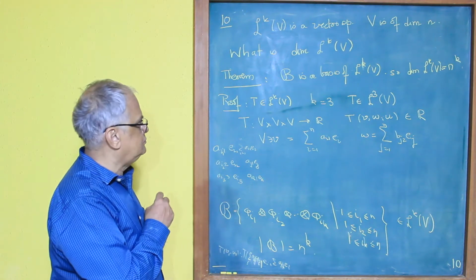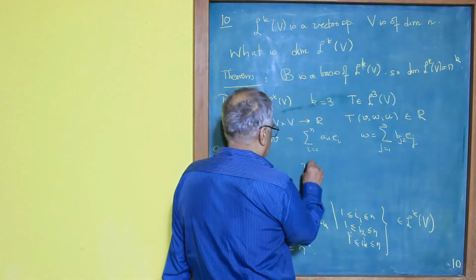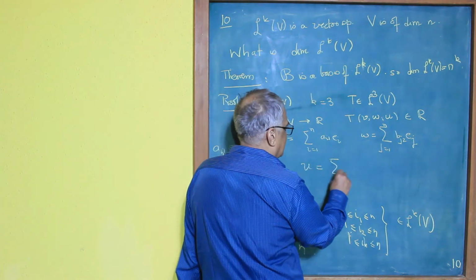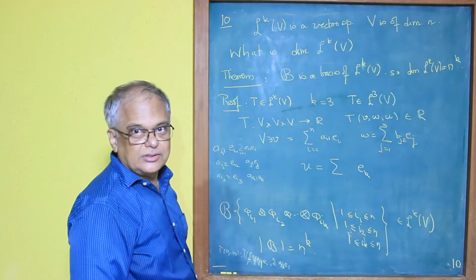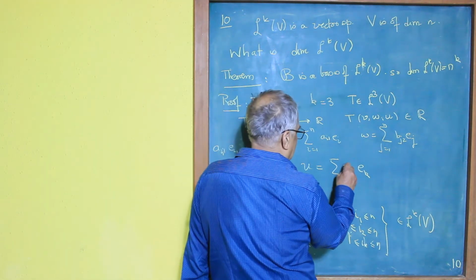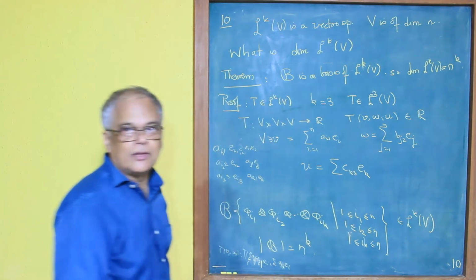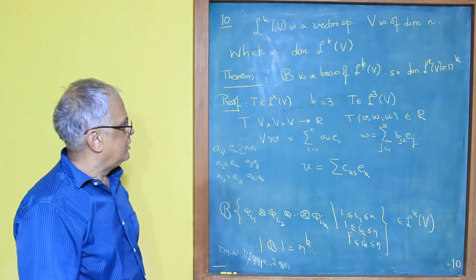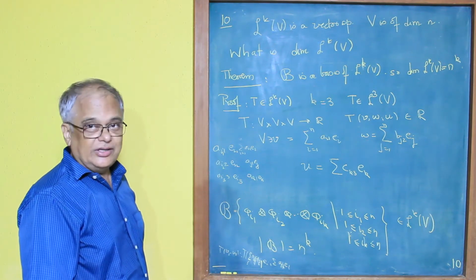Okay? And U is equal to the summation of e_k with some coefficients, and the coefficients I'm going to call c_k3. Okay? So V I'm writing in terms of the basis e's.